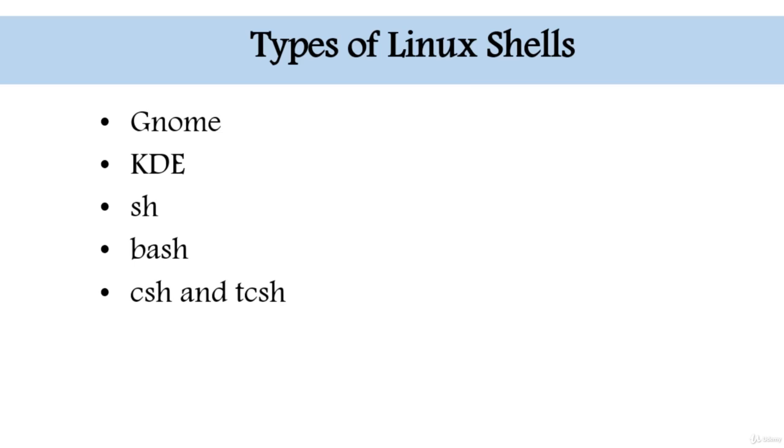Then there are other shells. There is C shell and TC shell. Developers have written a large part of Linux operating systems in C and C++ languages. Using C syntax as a model, Bill Joy, who was at Berkeley University, developed the C shell in I believe 1977 or 78. Then Ken Greer, I think that was his last name, working at Carnegie Mellon University, took the C shell concept a step forward.